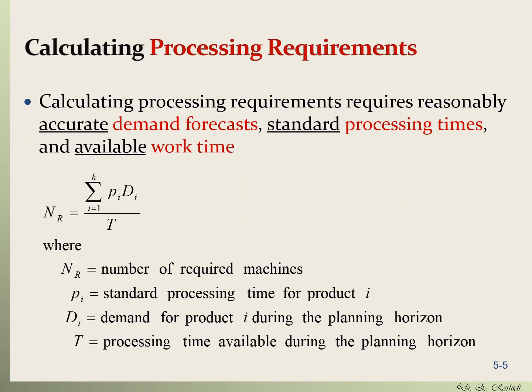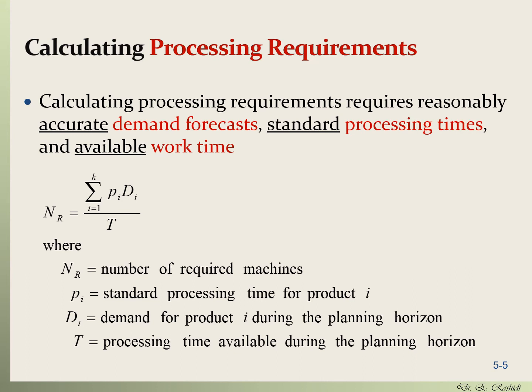One of the important steps in capacity planning is to estimate the required capacity that you want to get to. And we're going to go through a very simple and basic example here regarding the number of equipment and machines that you would need to expand your capacity. For equipment, suppose that you're producing certain types of product i, and you know the standard processing time for each product.